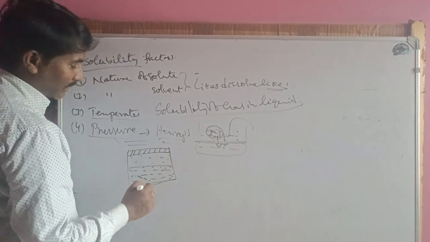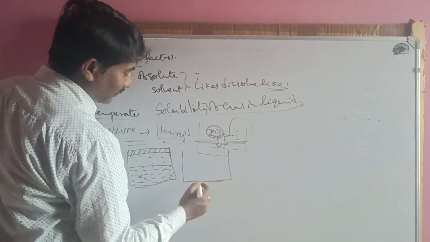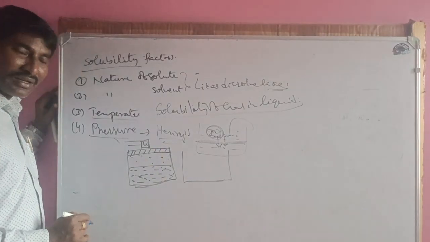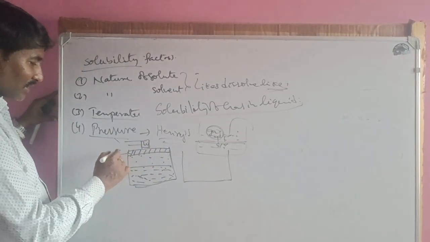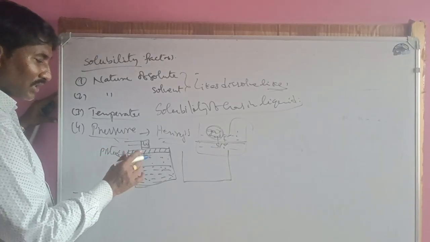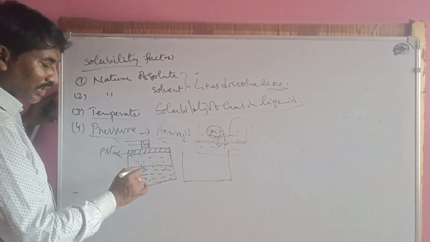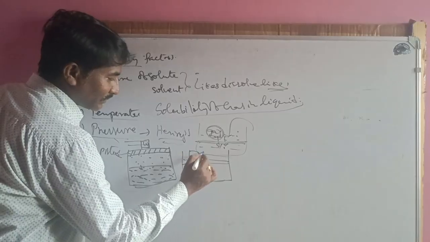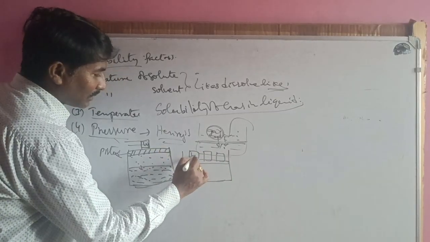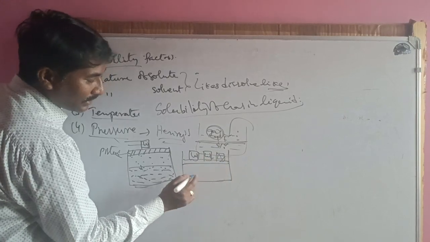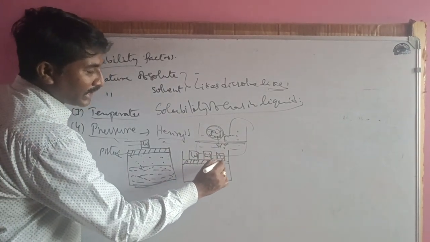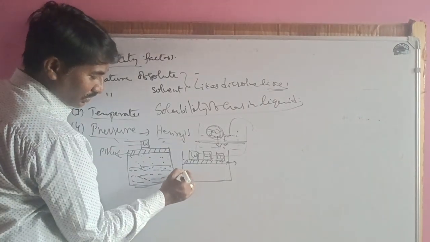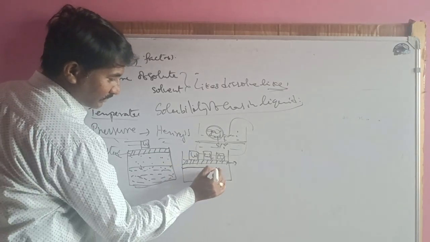Then some gaseous molecules dissolve in the liquid, and the weights are increased: W1, W2, W3. This means the pressure on the surface of the liquid, on the piston, must increase.